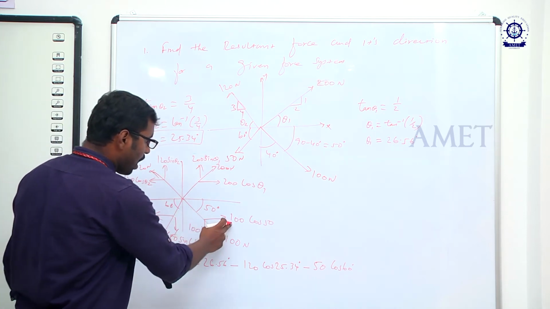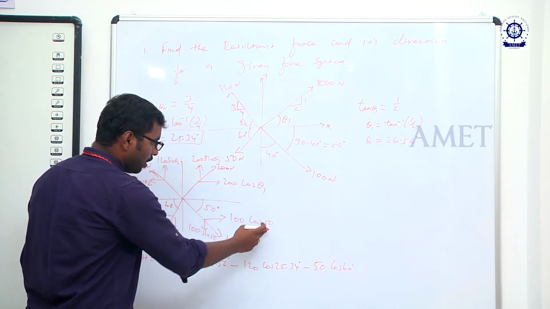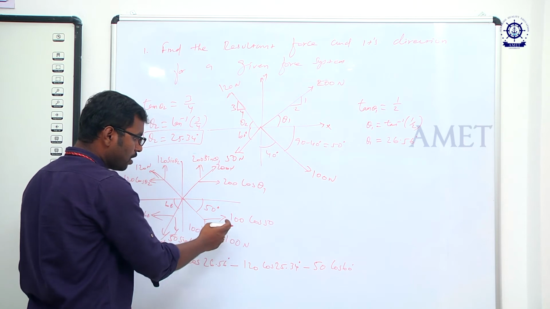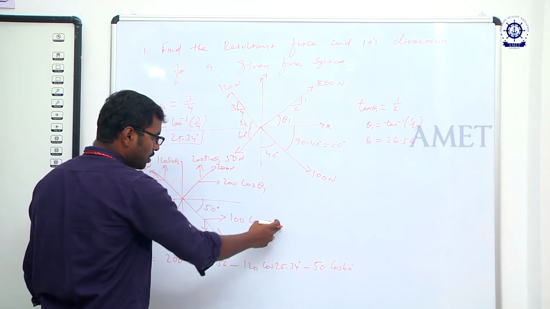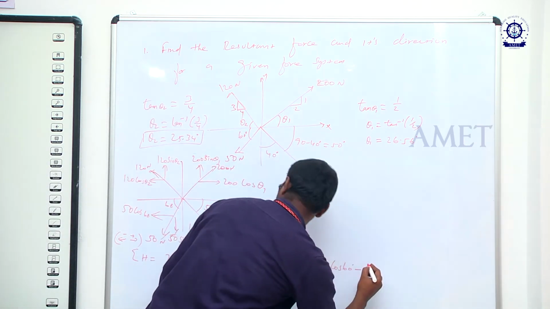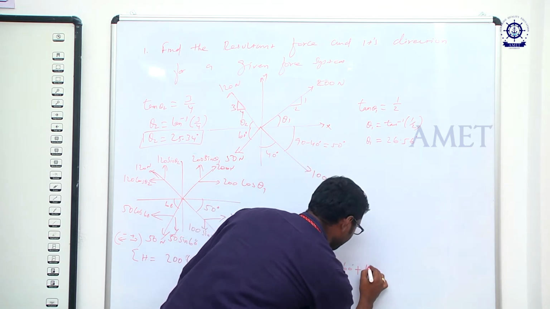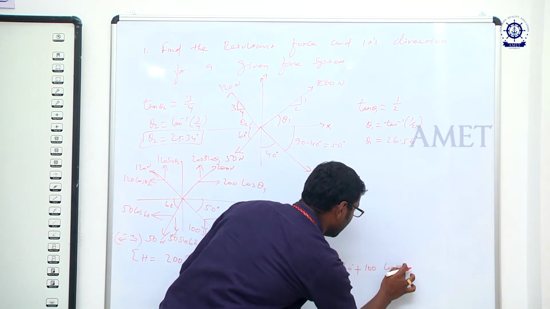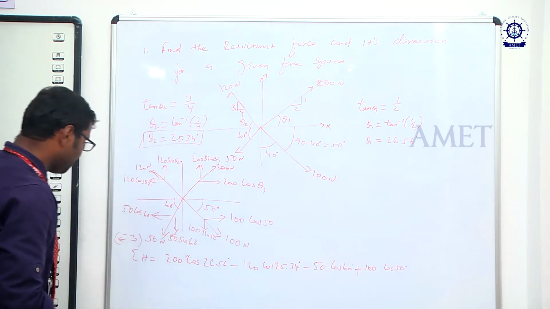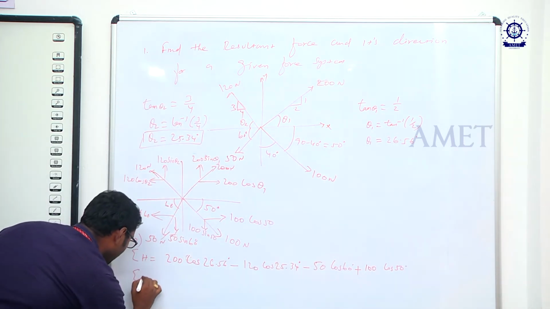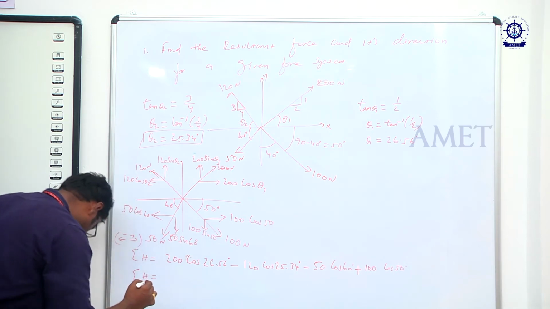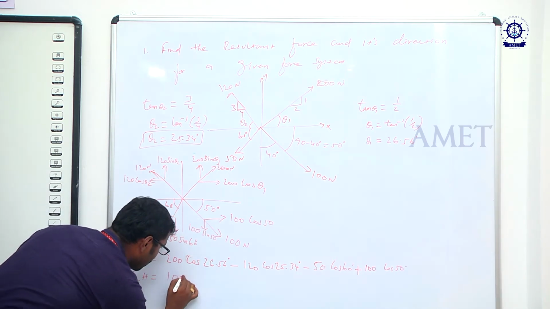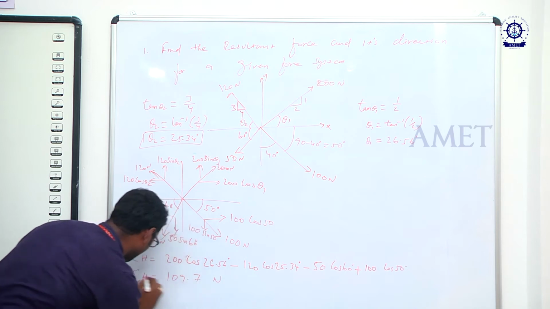And the fourth one, 100 cos 50. The sign of this force is positive because this force is acting towards the right side. So plus 100 cos 50 degree. While adding these values, we get summation of H equal to 109.7 Newton.